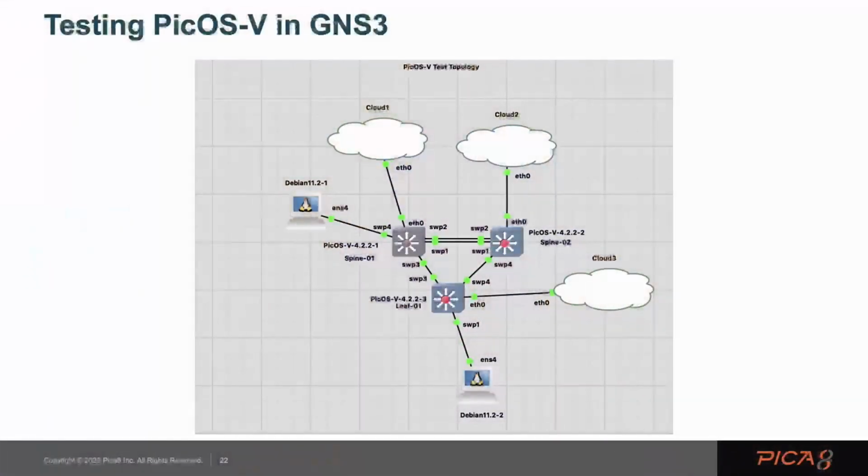So what I did is I created 2 spines and 1 leaf with an MLAG configuration, which I'm going to test. I took it from the website and directly loaded the MLAG config here. I have 1 Linux server at the top sending traffic to 1 server at the bottom. So this is what we are going to see.